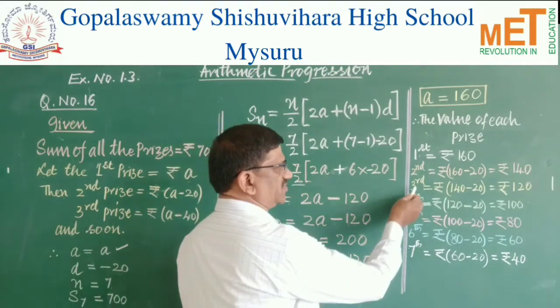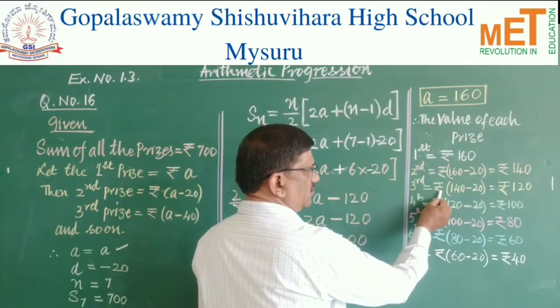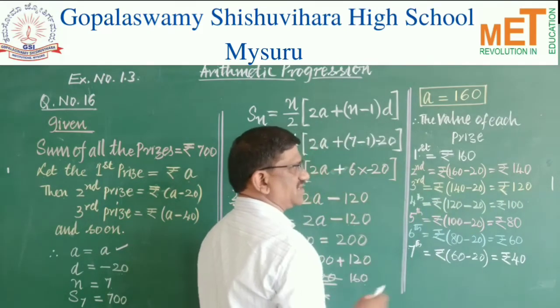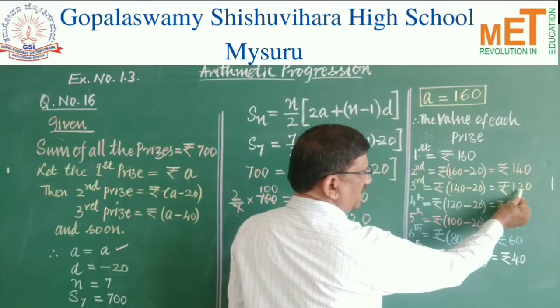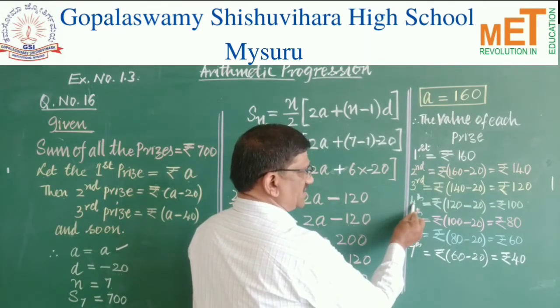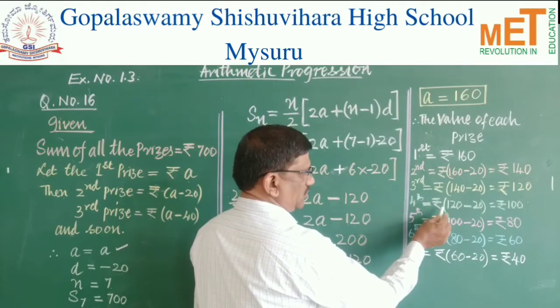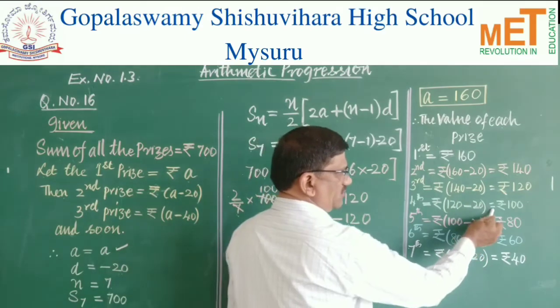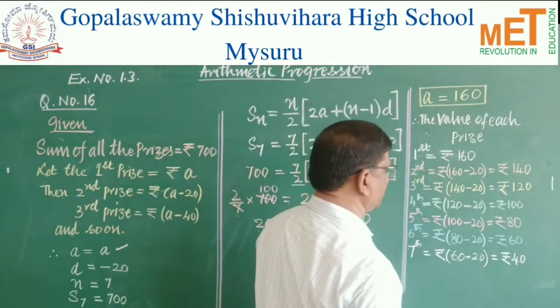Next, the cost of the third prize is equal to rupees 140 minus 20, which is equal to rupees 120. Similarly, the cost of the fourth prize is equal to rupees 120 minus 20, that is equal to rupees 100.